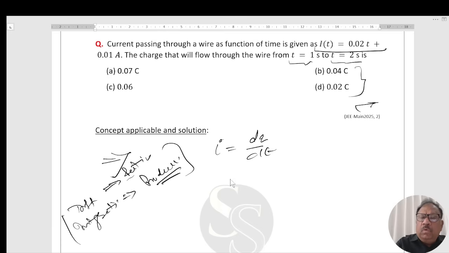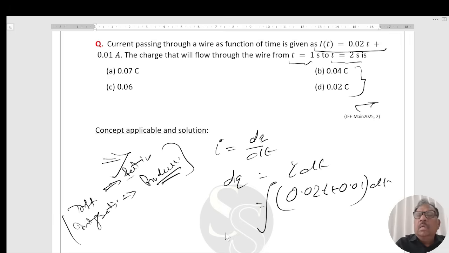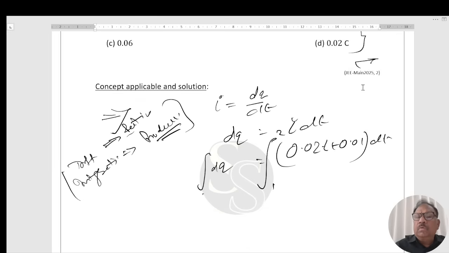We have dq equal to I dt. I is a function of time, 0.02 t plus 0.01, dt, integrating from t equal to 1 to 2.